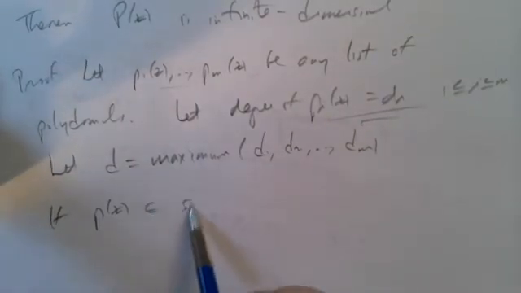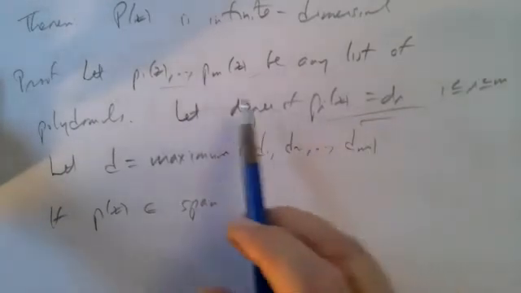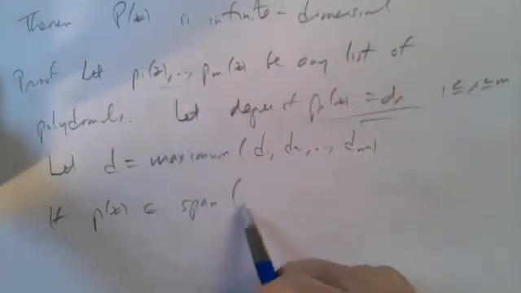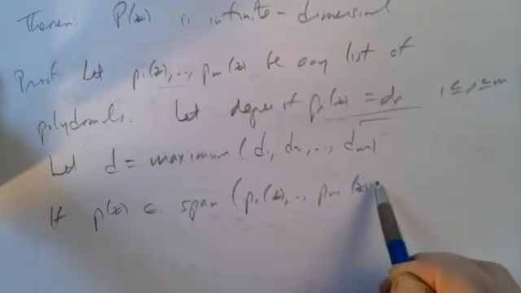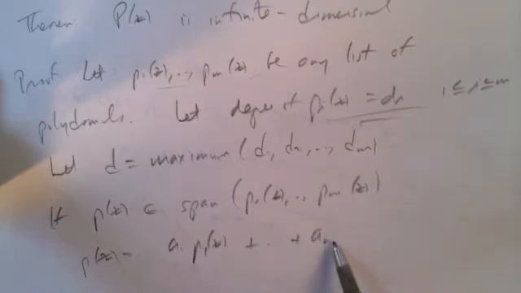So if P of z is in the span of these polynomials, then P of z is some a1 times P1 of z up to am times P sub m of z.